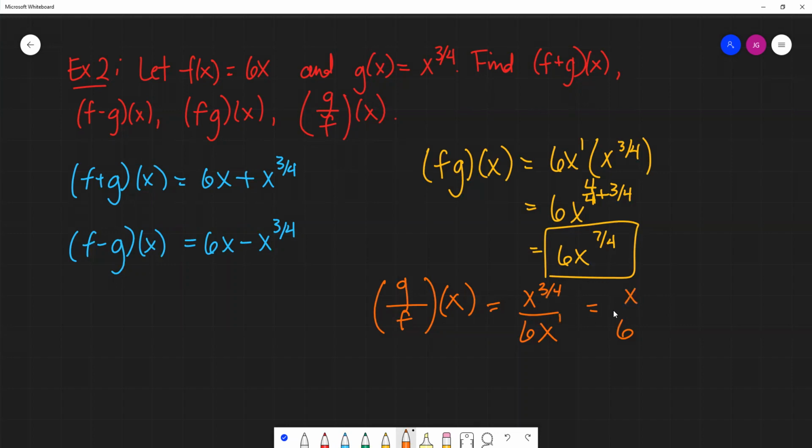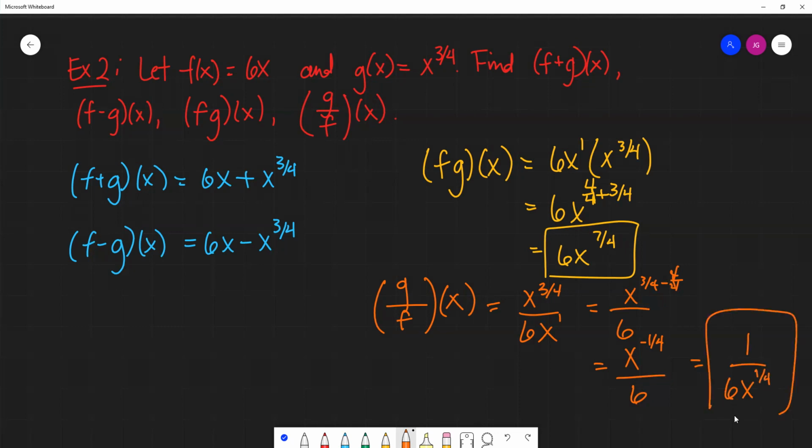So that becomes x over 6, but the x is to the 3/4 minus 1. That 6 still stays in the denominator, right? 3/4 minus 1, that's 3/4 minus 4/4. 3 minus 4 is negative 1. So that's going to be x to the negative 1/4 over 6. But this is a negative exponent. We always want positive. So this is going to become 1 over 6x to the negative 1... Ooh, not negative, positive 1/4. Okay, so there's our division function.